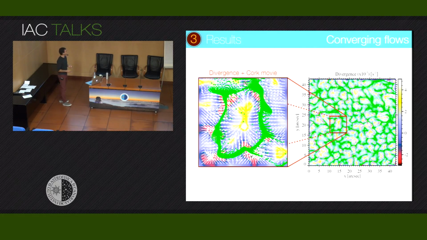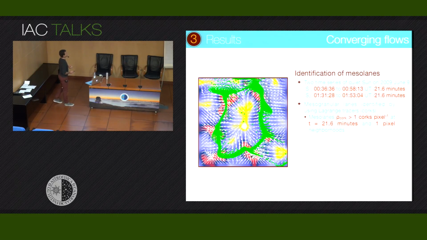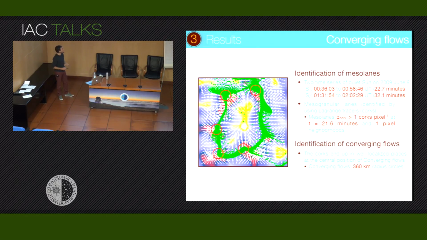We do that for two different time series of 22 minutes each, and we define mesolanes as those locations where we have at least two corks in one-pixel neighborhoods. Now, if we let the corks be advected for even longer times, we find that they finally end up in well-localized places, where the horizontal flows converge towards a common point.